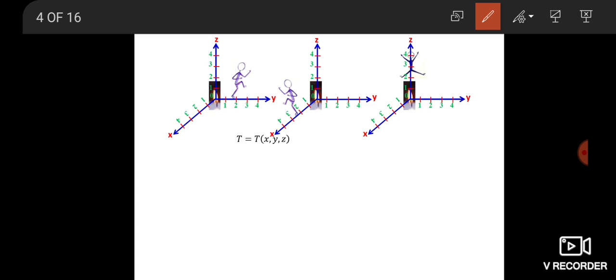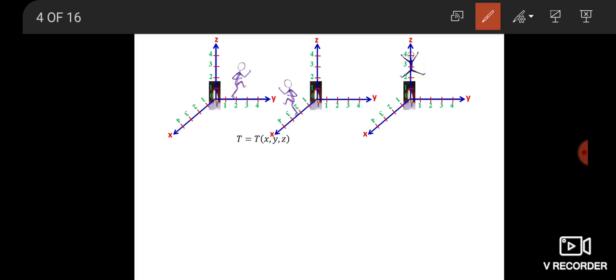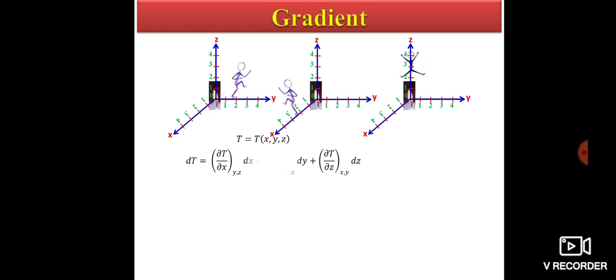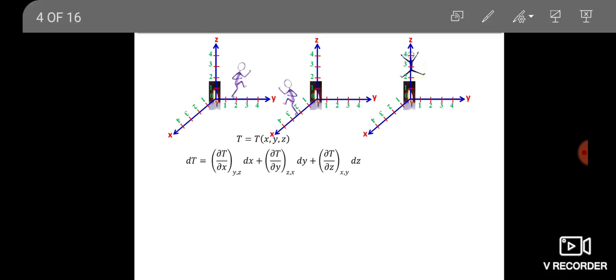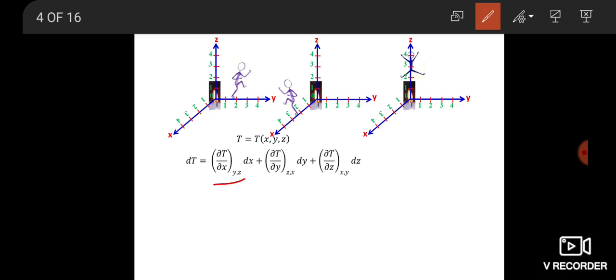So first, what will we do? We will do the partial differentiation of this temperature. That means dT, the infinitesimal change in temperature, is expressed as del T del x (when y and z are constant) dx, plus del T del y (z and x constant) dy, plus del T del z (when x and y are constant) dz.